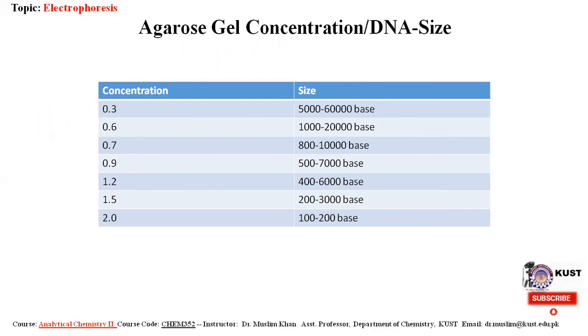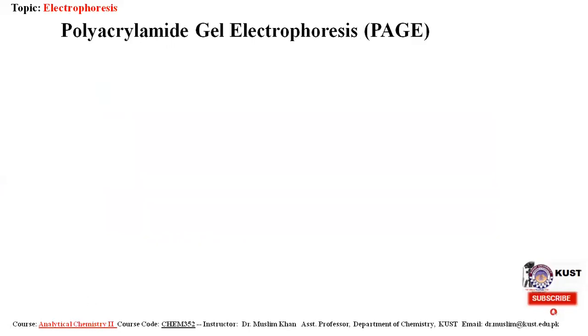Whenever you want to do DNA separation, you must know how much concentration of agarose to use. This is 0.3 for this size of DNA fragments, 0.6 for this size, 0.7 for this size, and 0.9 for this size. So depending on which size of DNA fragments you are separating, you should use that concentration of agarose gel in your experiment.